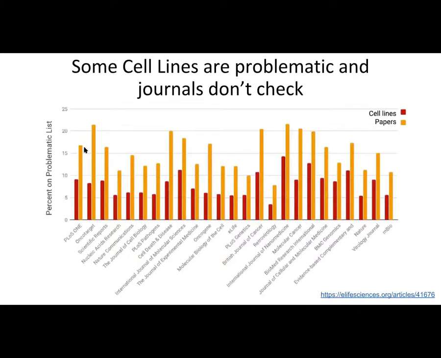When you look at the percentage of papers in the yellow bars, this is actually quite alarming. There is the potential for between 15 and 20% in most cases of the biomedical literature of papers using cell lines, where the authors are using at least one cell line on this problematic list, which means that we may have to reinterpret some of those results.